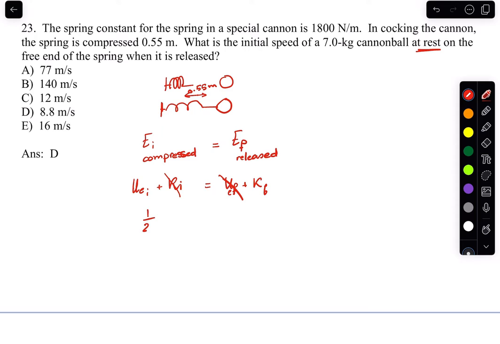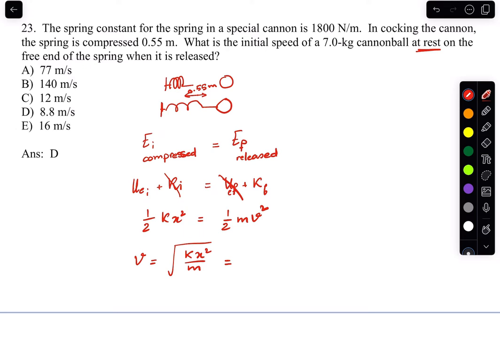So we can just substitute now for the equations, and we can solve for the speed of the cannonball. So the speed can be written as the square root of kx squared over m.